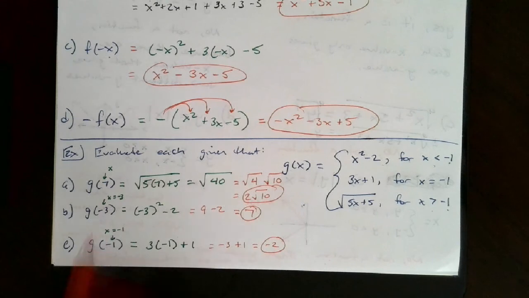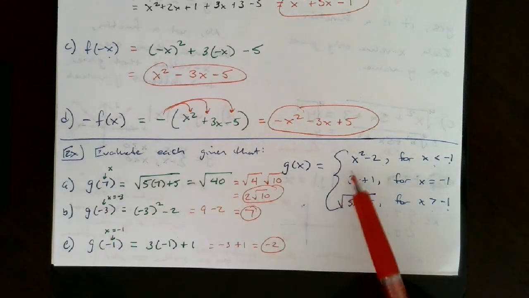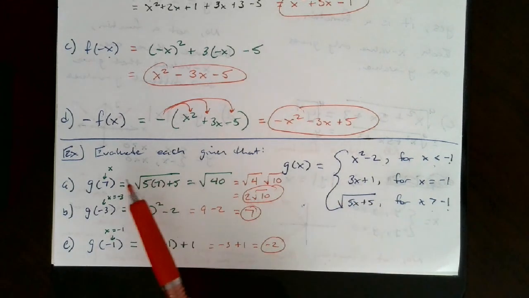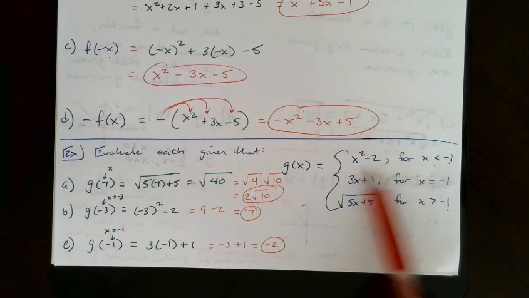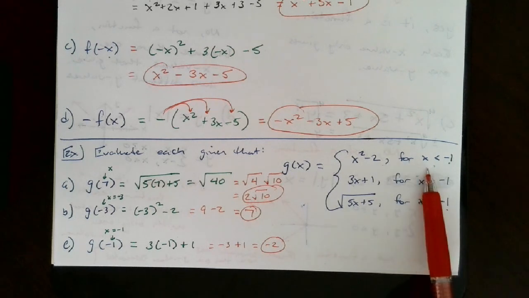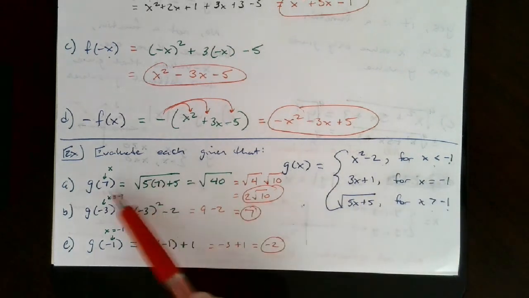And that's important to understand. Remember, when you're using piecewise functions like this, you're only using one piece at a time. You can't substitute 7 into all of these, or negative 3 into all of these, and expect to get the answer correct. You really are only substituting into the function where the domain listed contains the x value you have.